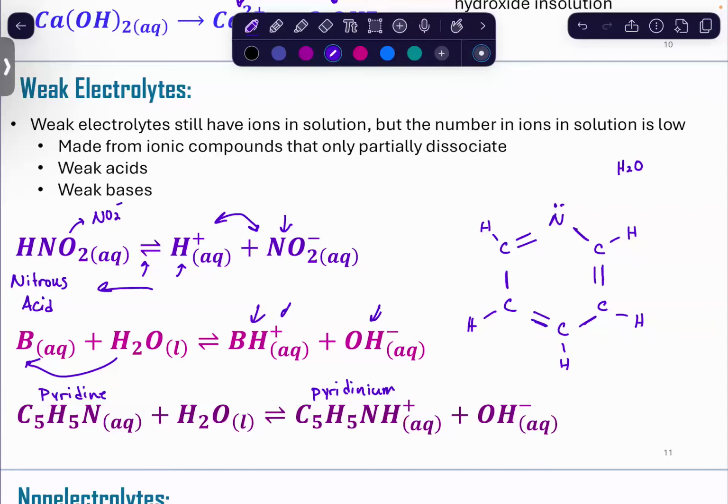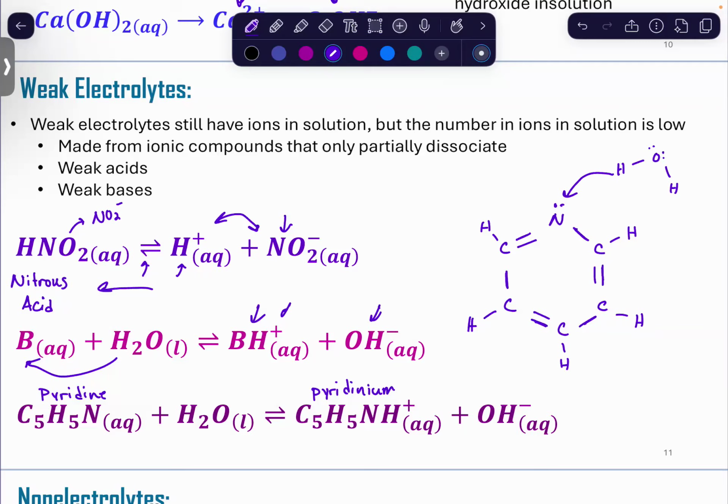Actually, let me draw the molecule. These will make more sense as we go on. That's a Lewis structure. So this proton here is going to be taken over to that lone pair, and you'll be left with a hydroxide and pyridinium in solution.